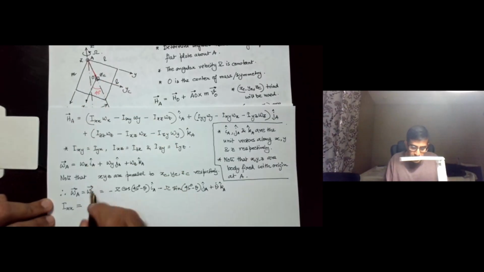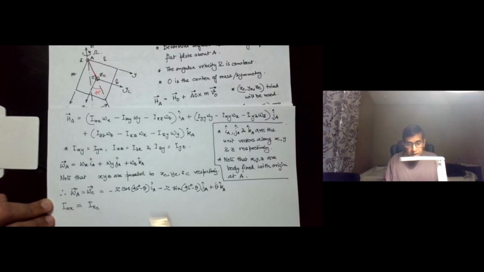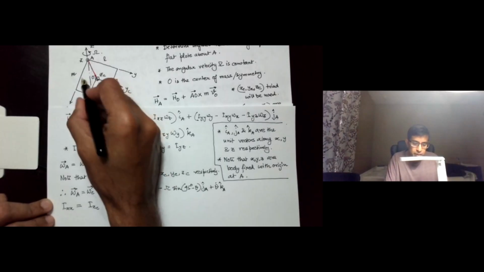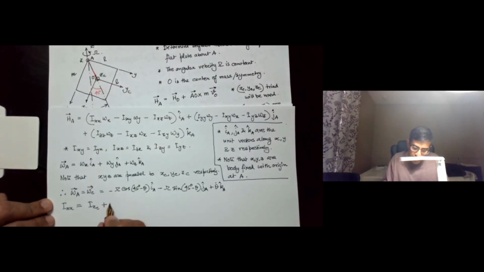So that is going to be Ixc, the moment of inertia along this axis, plus the parallel axis movement, by a distance L over 2, so you would have m L squared over 4.